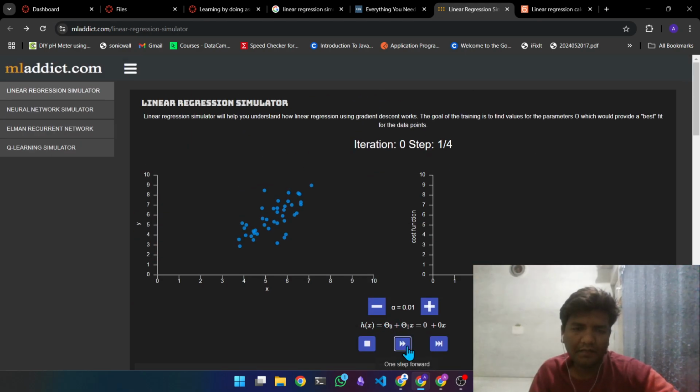Now, if I click again, see, the first cost function gave us a value of around 70, yep, 70.48. And the next one would be below it. We will see after the line is not here, by the way. See, the line is here now.